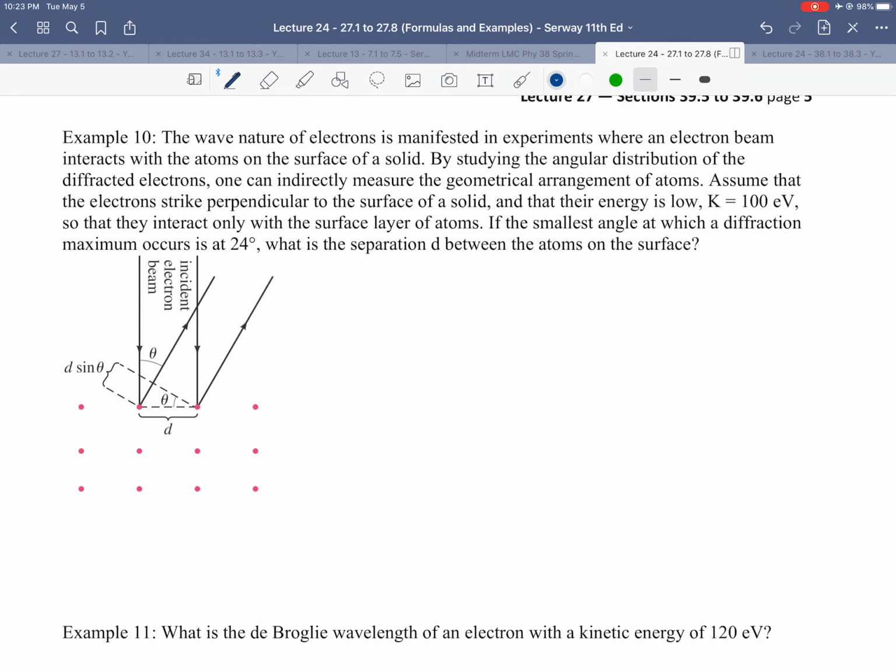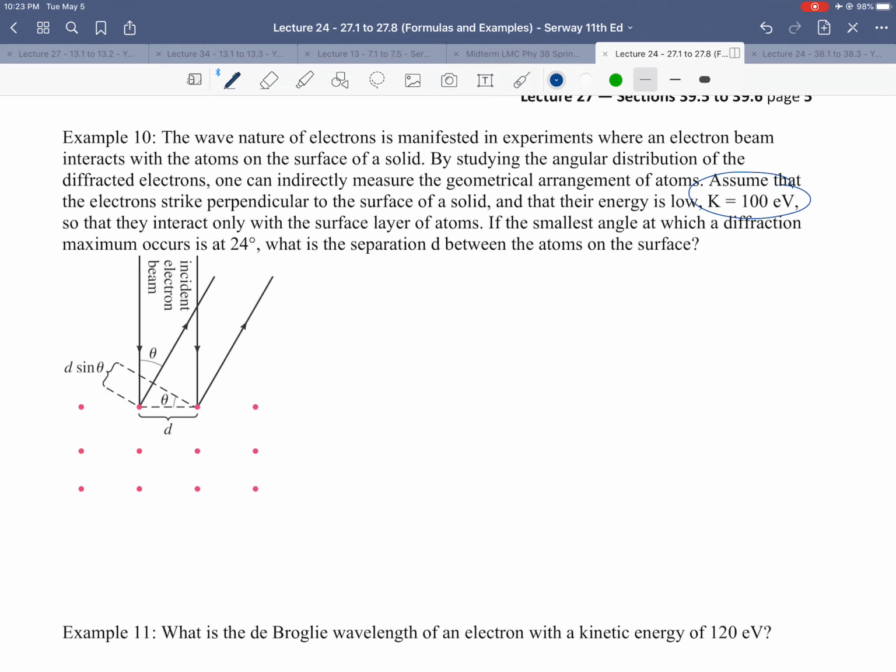By studying the angular distribution of the diffracted electrons, one can indirectly measure the geometric arrangement of atoms. Assume that the electrons strike perpendicular to the surface of a solid and that their energy is low. This is the kinetic energy of the electrons, 100 electron volts. So they interact only with the surface layer of atoms. If the smallest angle at which a diffraction maximum occurs is at 24 degrees, what is the separation d between the atoms of the surface?